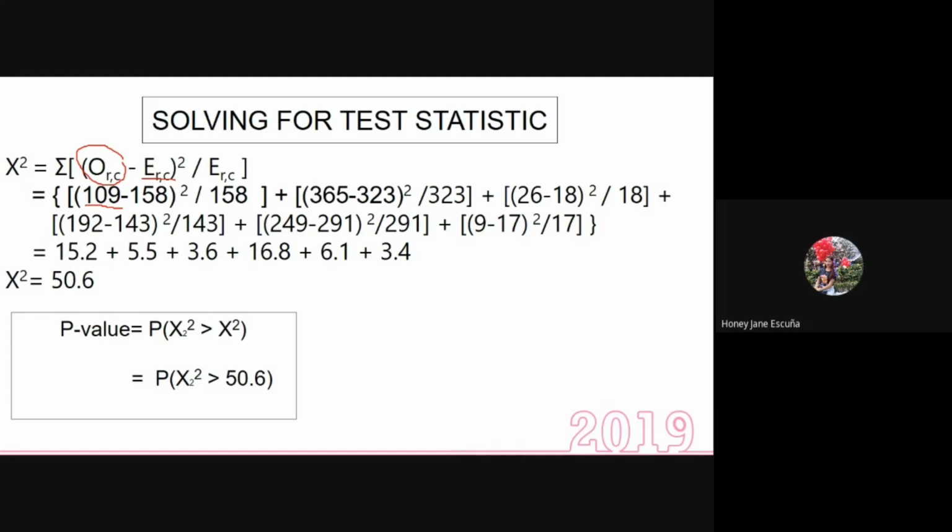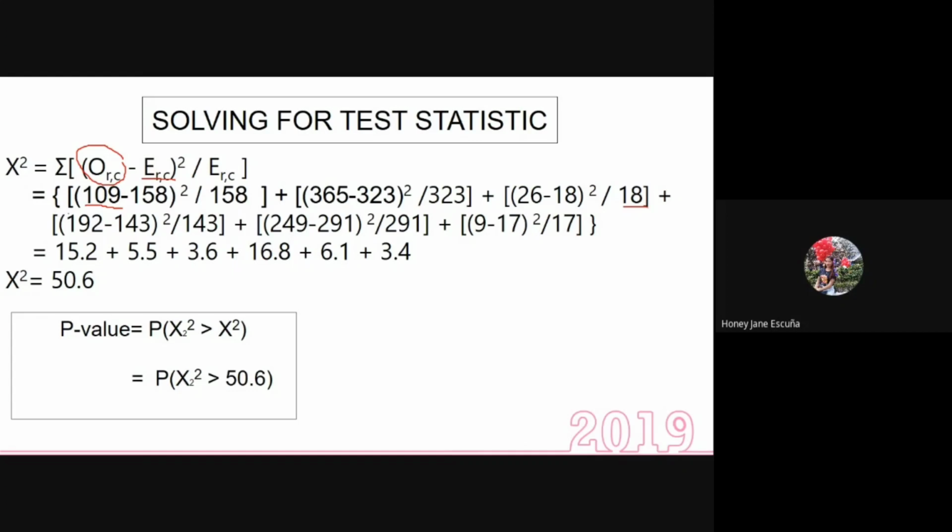Plus the squared of 365 for our middle income of males minus the expected frequency of 323 divided by 323, plus the square of 26 high income males sample minus 18, which is our expected frequency, divided by 18, plus 192 for female low income minus 143 expected frequency.